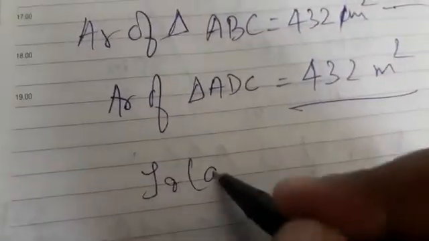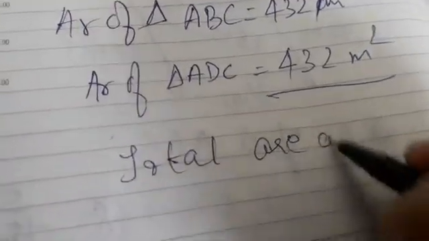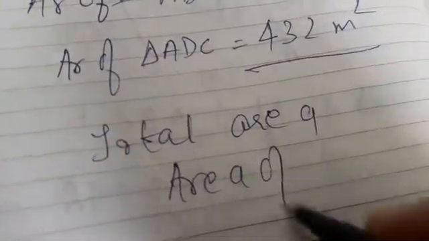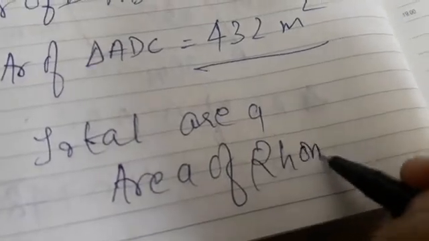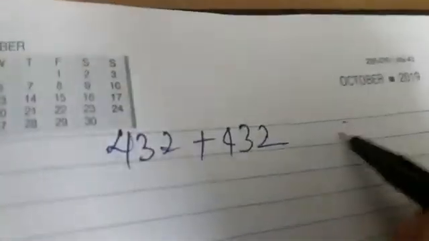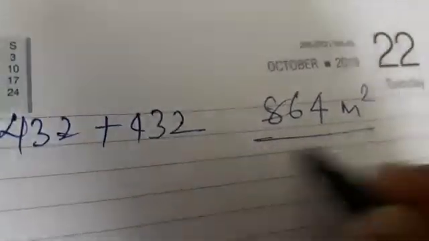What is the total area, meaning what is the area of the rhombus? The area of rhombus will be 432 plus 432, which is equal to 864 meter square.